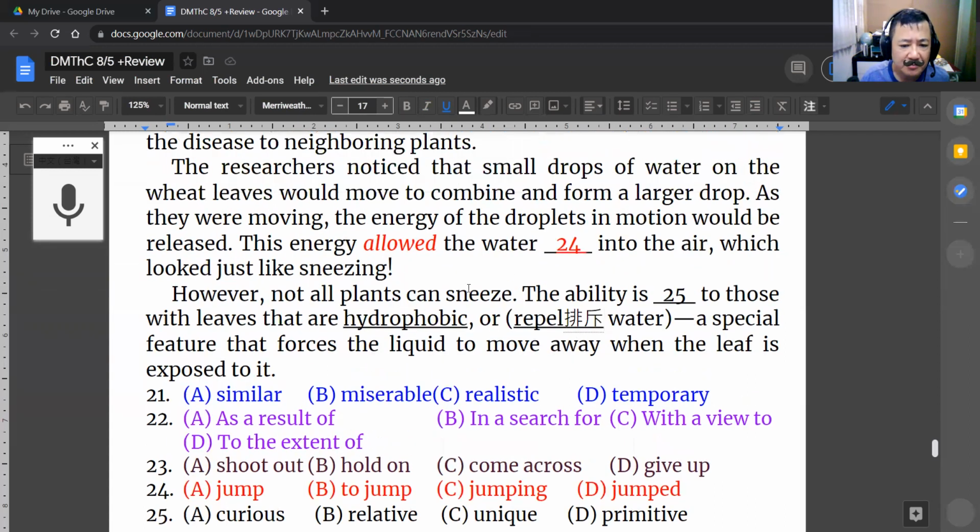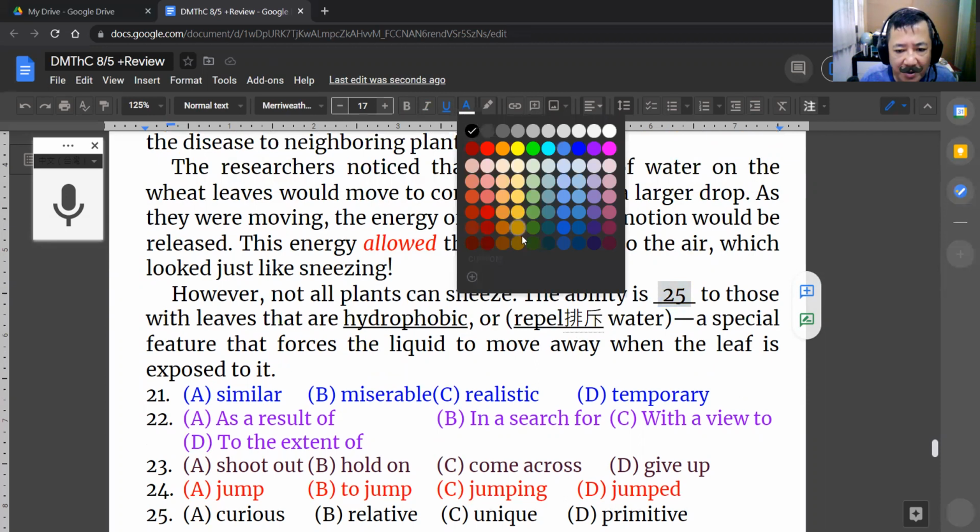All right. So here I need some kind of word that means 限制于 plants with hydrophobic leaves. Let's do brown.